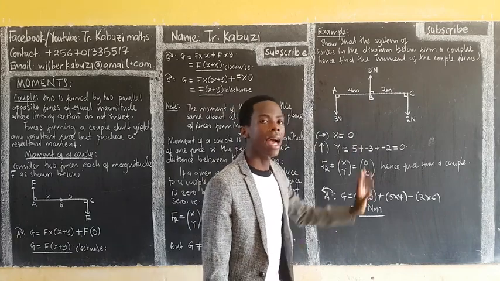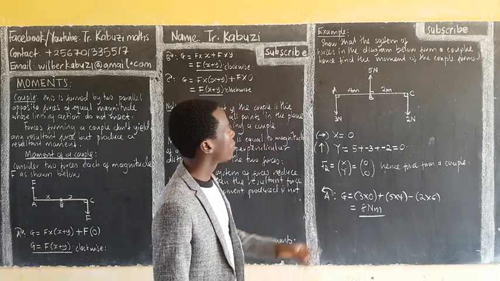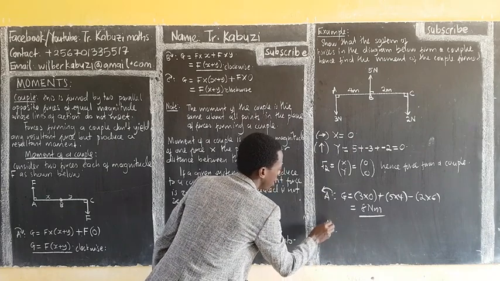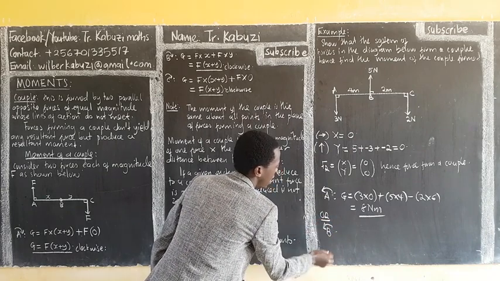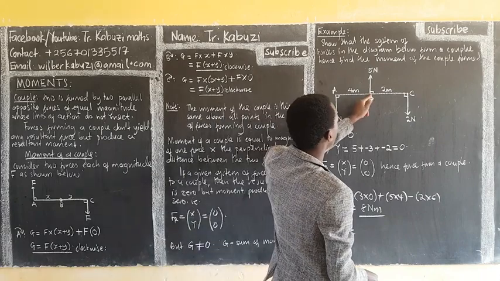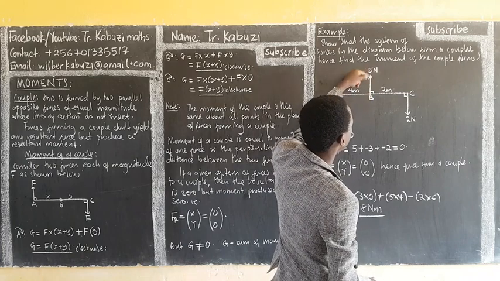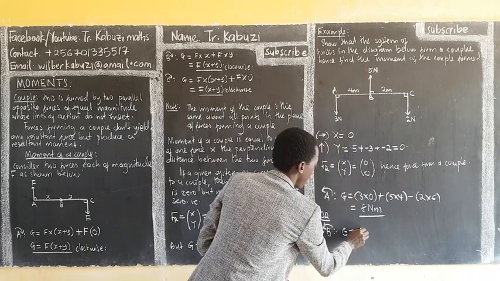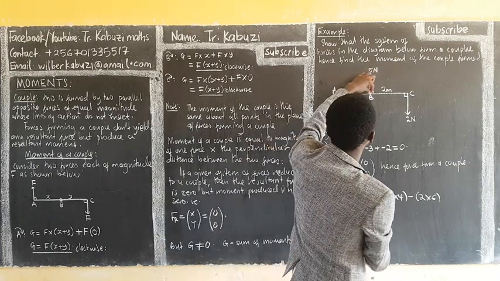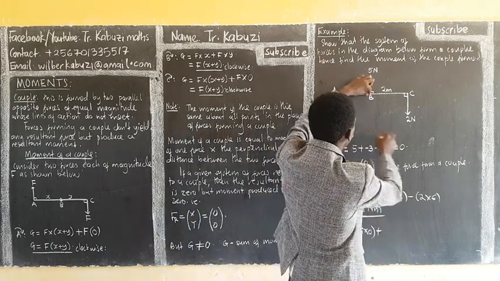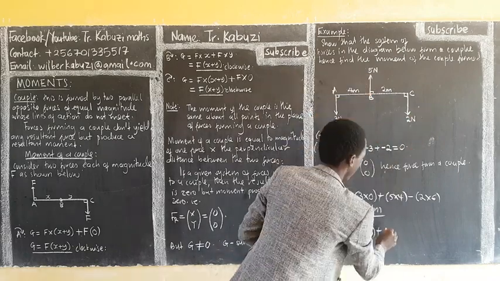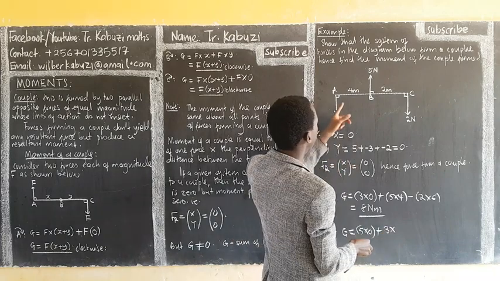Even if you take it elsewhere, the answer is going to be the same. You try and see. If I take it at B and clockwise, this is just an alternative, and the answers are going to be the same. At B, this force is at B, so I'm going to be adding 5 times 0, then plus, this one is acting clockwise, so 3 times this 4.